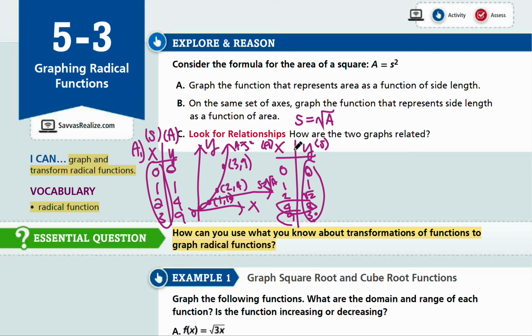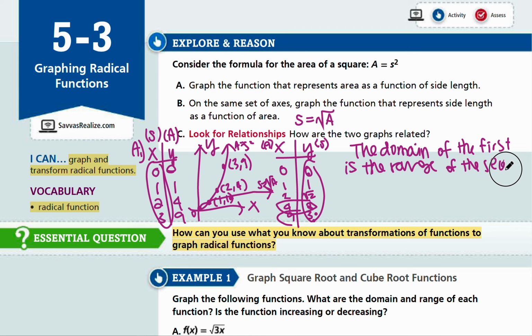So then we can say the domain of the first is the range of the second. And then the range of the first is the domain of the second.